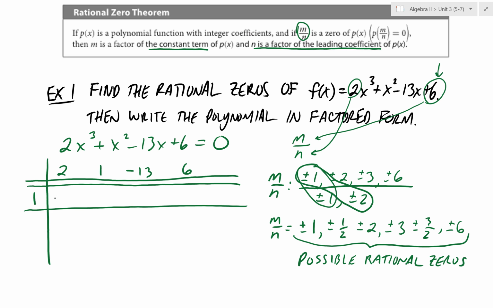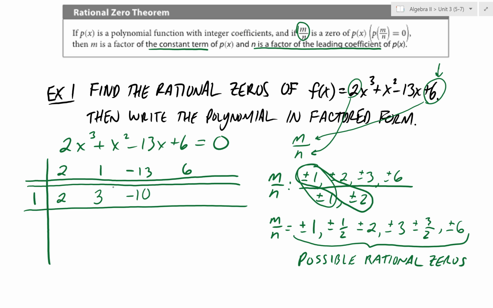So if I try 1, remember what we do, we bring down the first number, and then we multiply and add. We do those 2 steps together all in one. That's why we're able to do it in 1 row. So if I multiply 1 times 2, that's 2, and then add it to 1, I get 3. Now we're going to multiply again, 1 times 3, add, and what do we get?